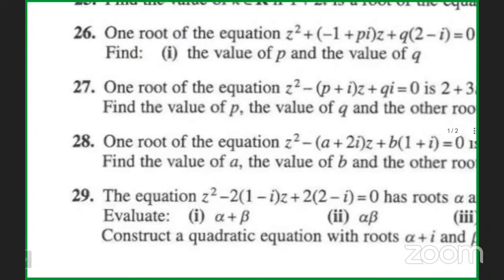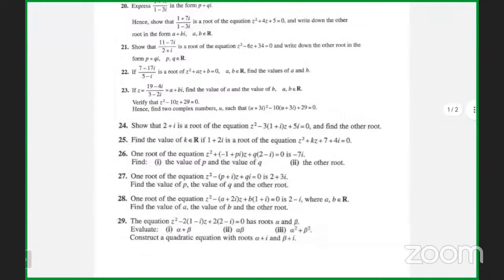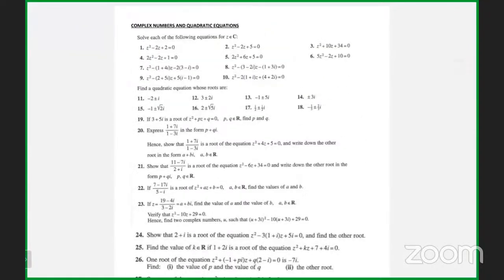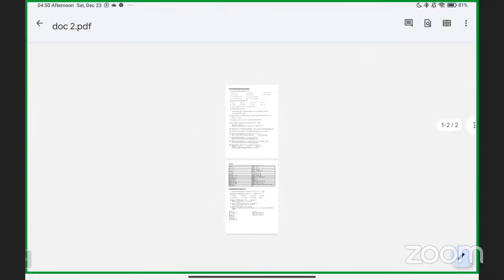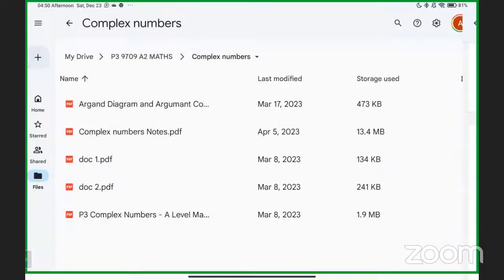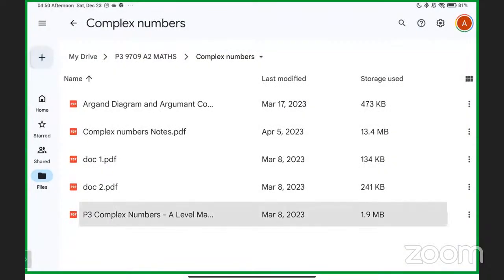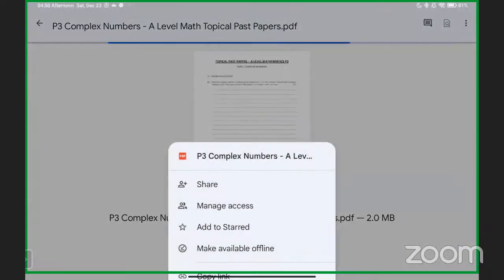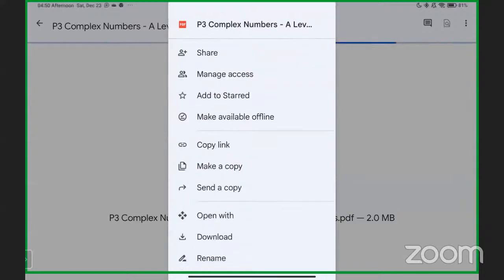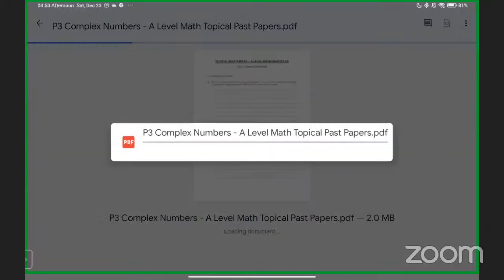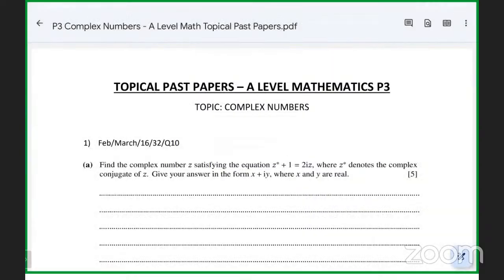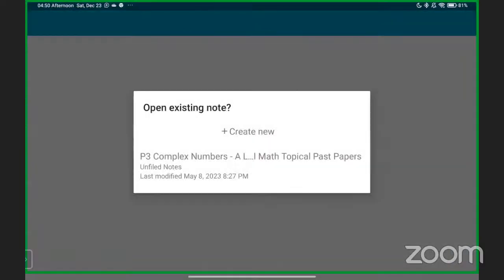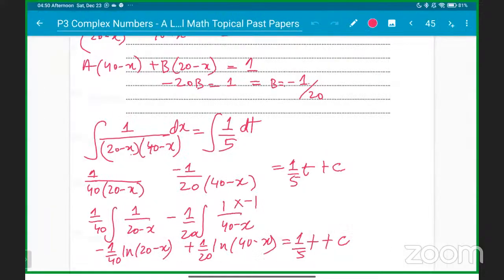All of these examples are like that. Let's look at this here. Complex numbers.